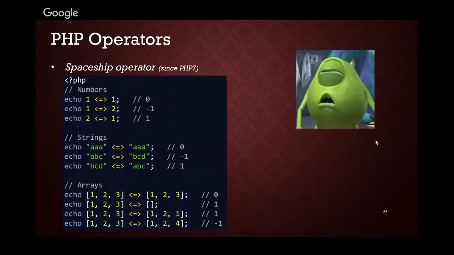The spaceship operator is an operator, so an operator will have operands. Let's say for the same case, 1 plus 2. The plus itself is also an operator. It has 2 operands, which are 1 and 2, so it's called a binary operator. The same applies to this spaceship operator.